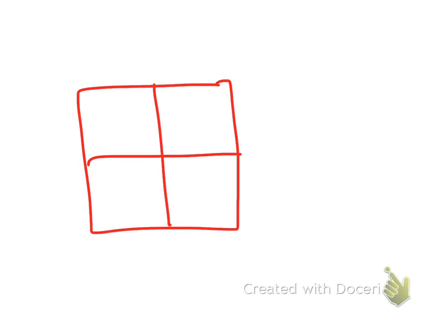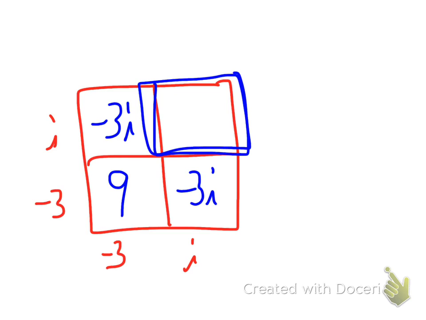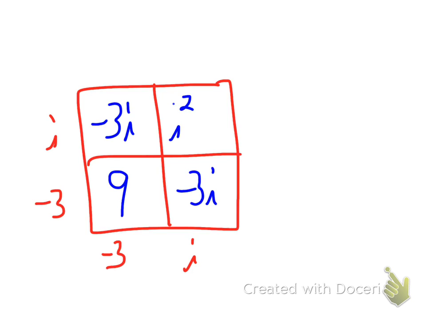So -3 plus i and -3 plus i. Well, this box right here, -3 times -3 is a positive 9. I get a -3i and a -3i for those. This box up here, though, is the one that's going to make a difference. So I have i times i, which is i squared.